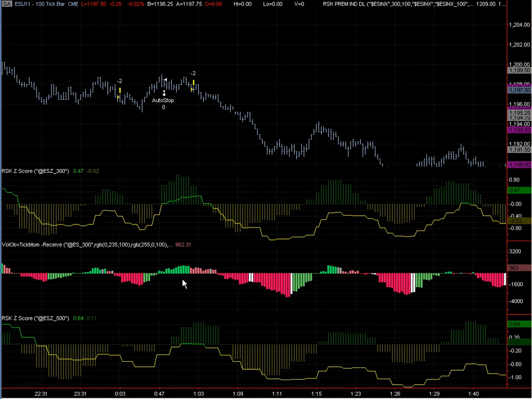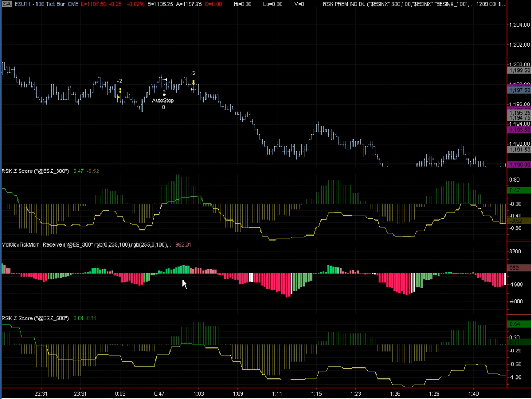But with the use of the auto stop feature, and mind you, also the hold trade feature, which maintains a winning position, usually, for a lot longer than you might normally hold it, but then gets you out, hopefully, at a profit.